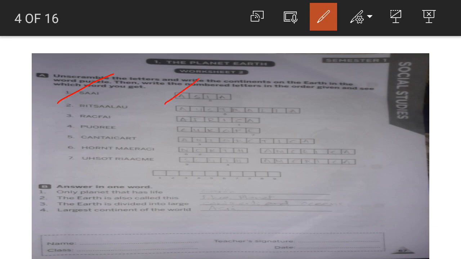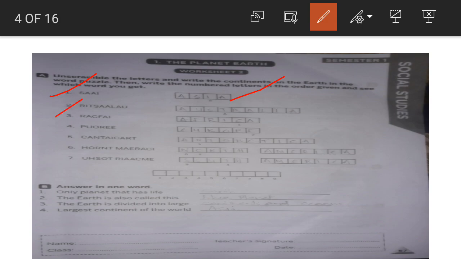A, S, S, and I, and again one more A. Question number 1, S A A I. If we unscramble these letters, we will get the continent Asia.